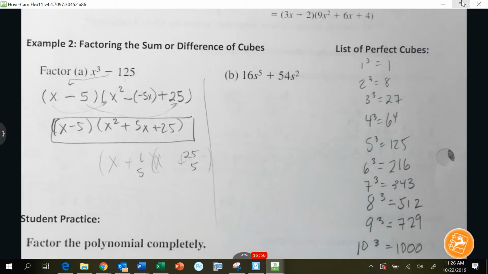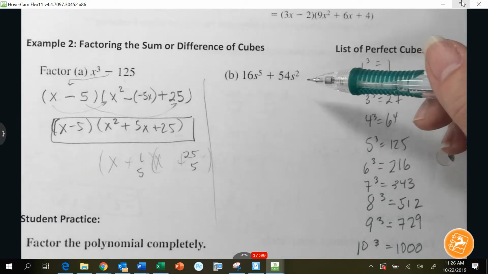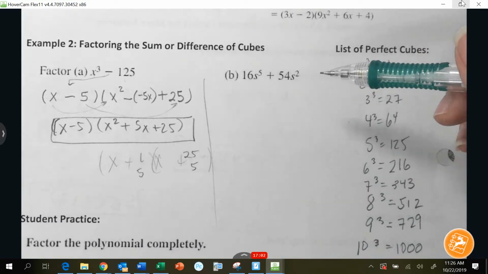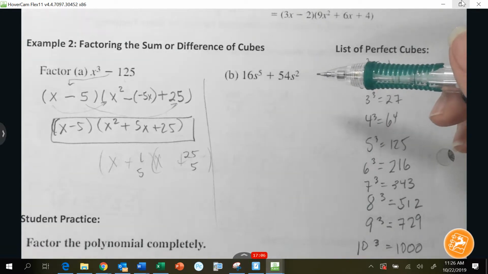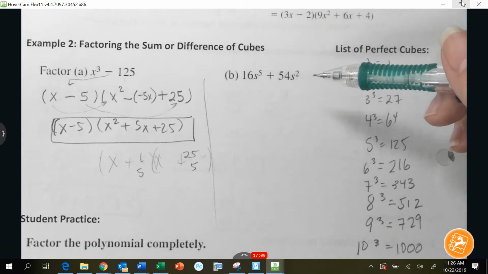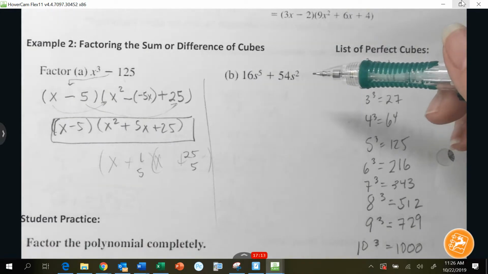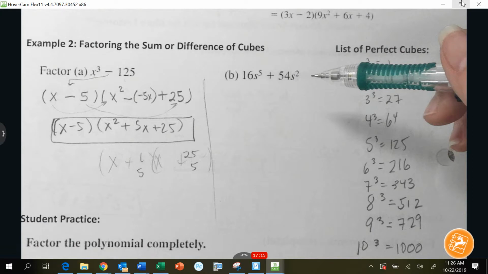Okay, 16 s to the 5th plus 54 s squared. What do I do first? Austin, what do I do first? Always first.